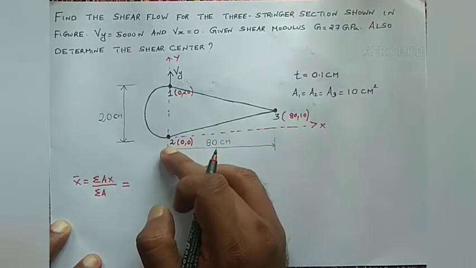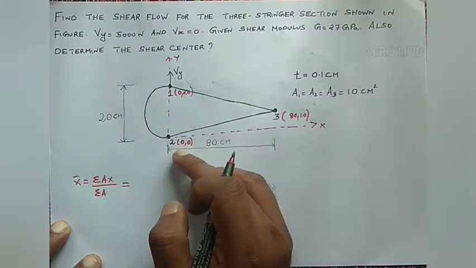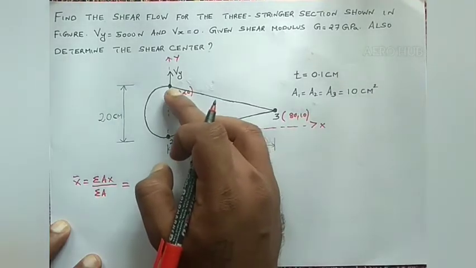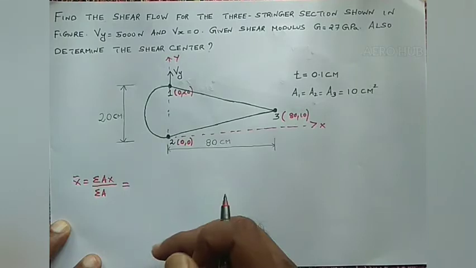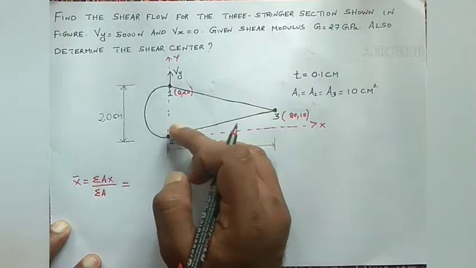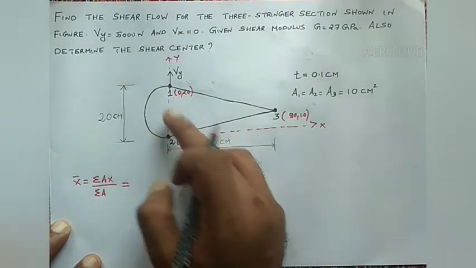Similarly, for boom area number 2, we don't have the x value as well as the y value. So boom area 1 and boom area 2 contribute nothing when finding out the value of x bar because we don't have the value of x for point 1 and point 2.